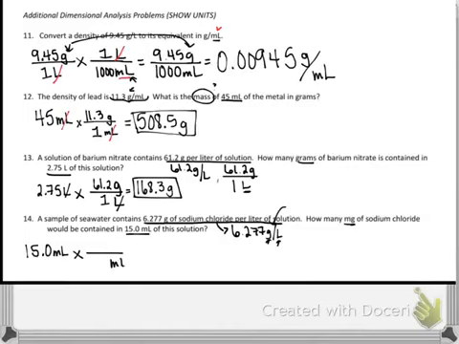We want to get rid of milliliters. So 1,000 milliliters is equal to 1 liter. So we can cancel out our milliliters. So we end up with 15 divided by 1,000 because, again, we're multiplying directly across. Liters, 15 divided by 1,000, 0.015.